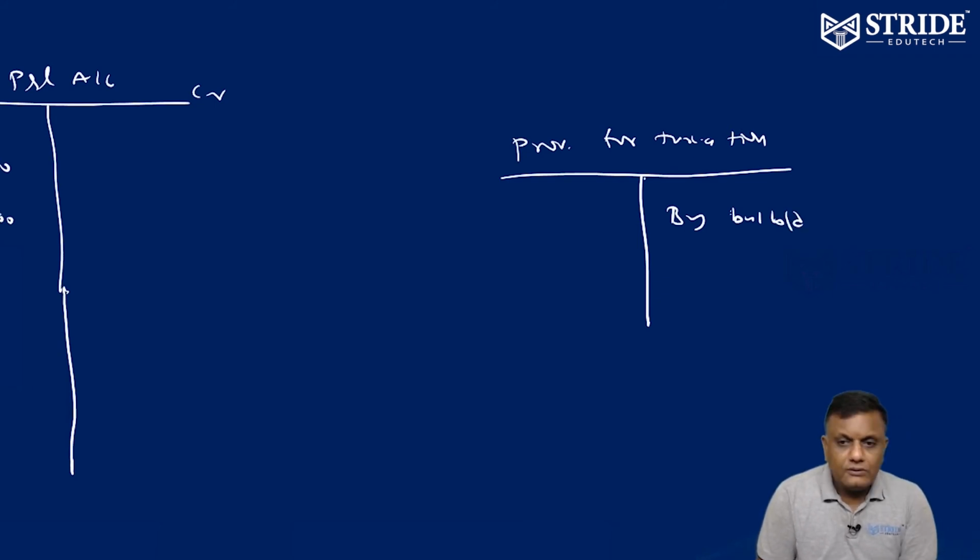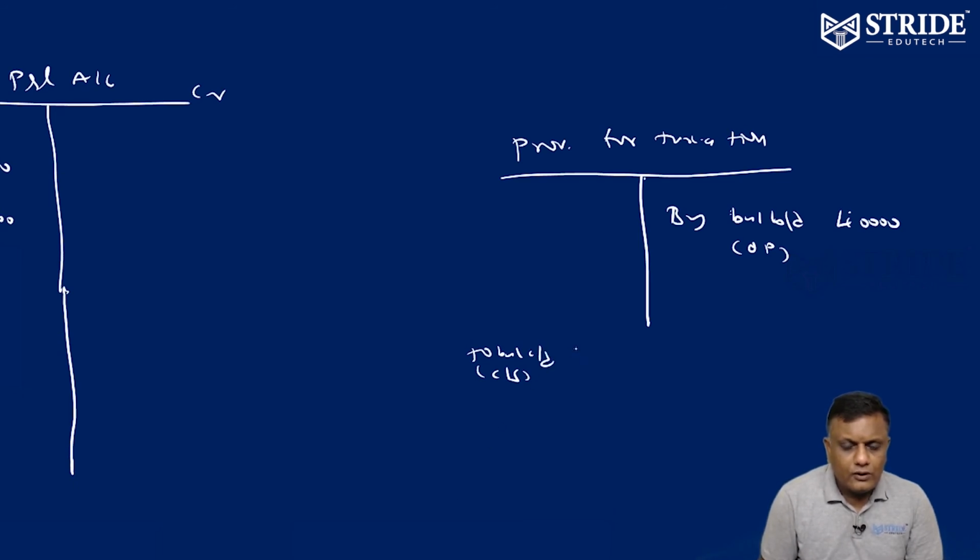By balance brought down 40,000, opening 40,000. To balance carry down, that is closing, 50,000.